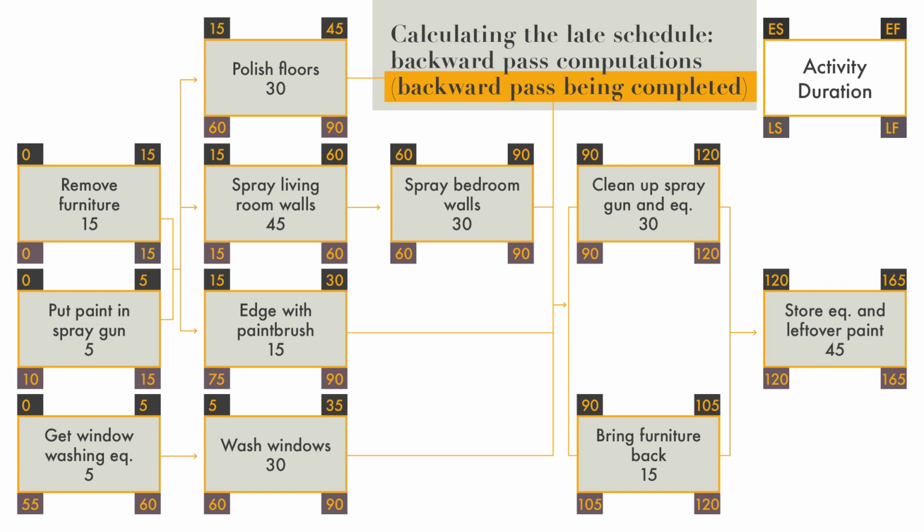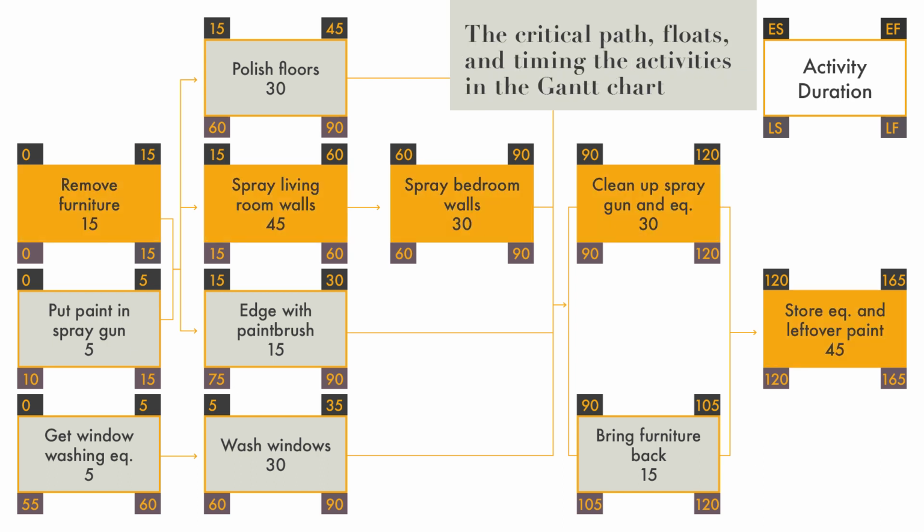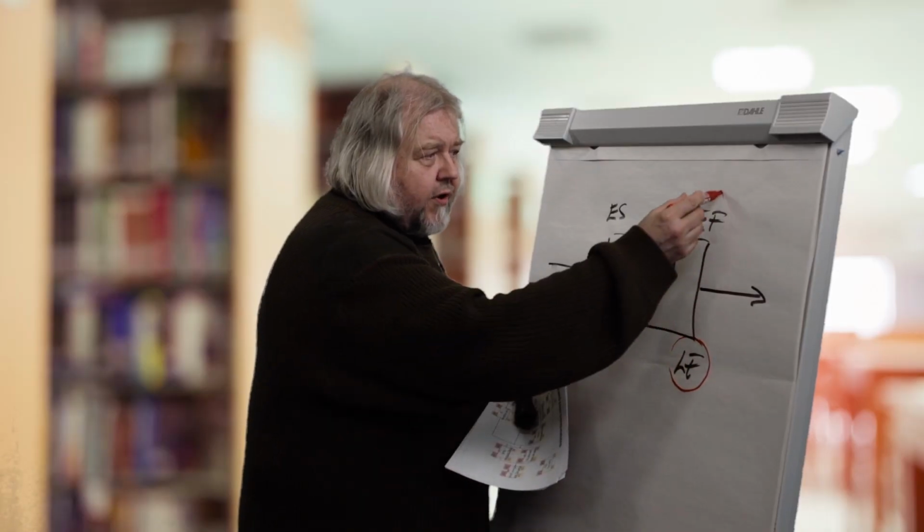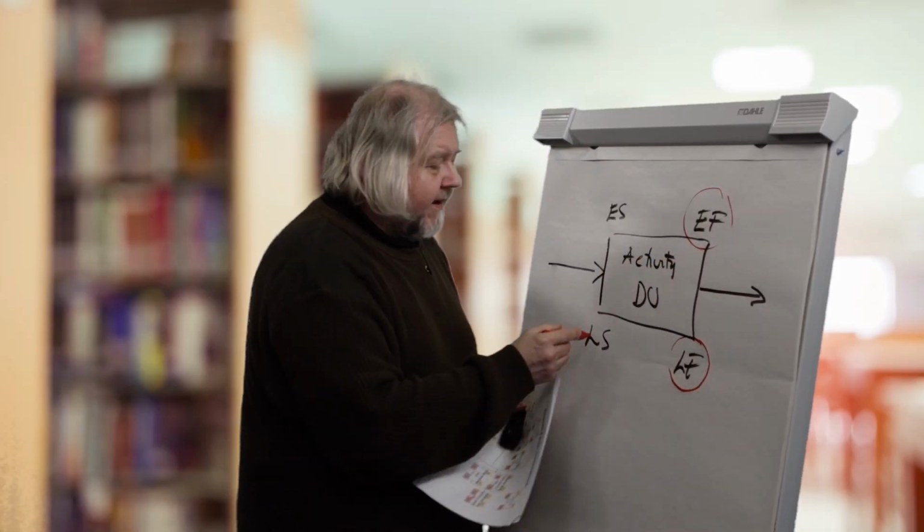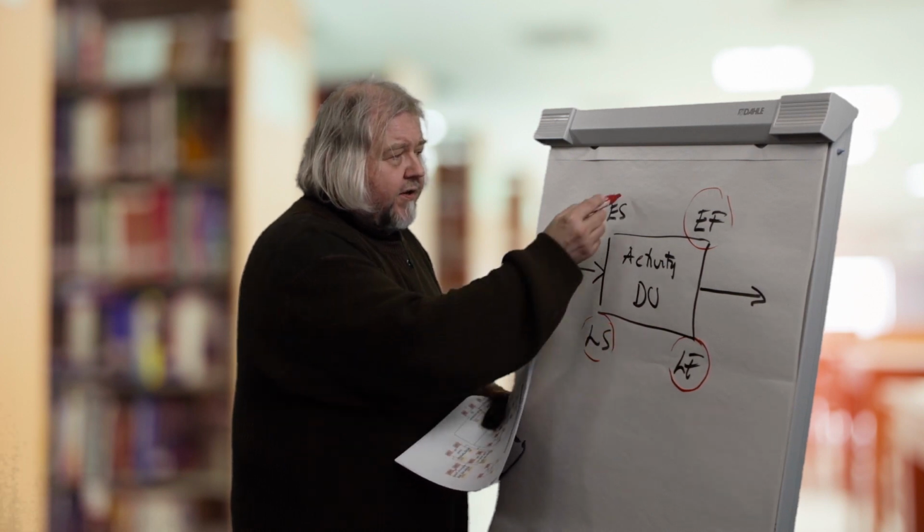And when looking at those activities, we can find out which are the critical activities in this network, which form the critical path. Those critical activities are those that don't have float at all. And we calculate the float by subtracting from latest finish the earliest finish, or alternatively, from latest start the earliest start.